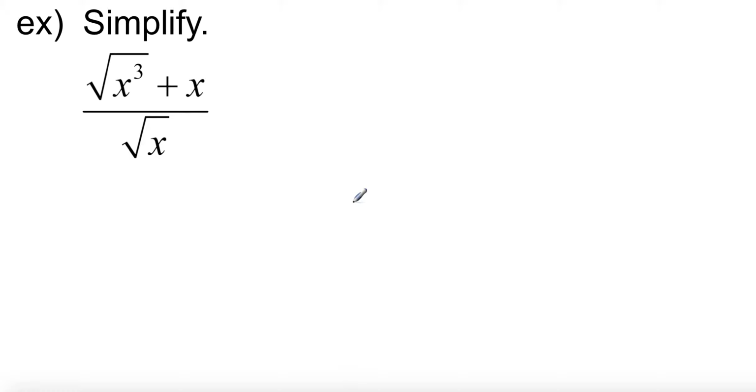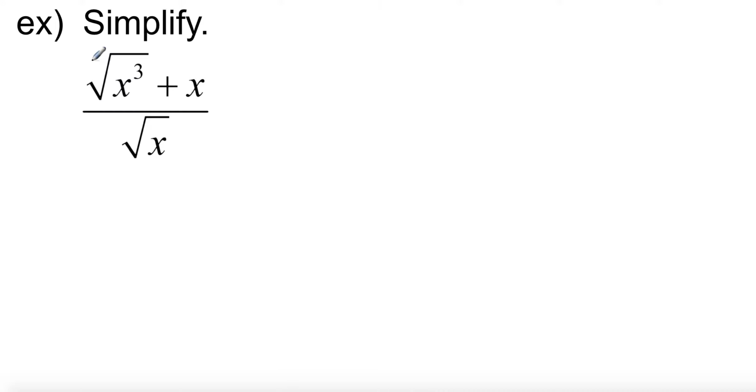And we've got this expression here that we want to simplify. We've got the square root of x to the 3rd plus x all divided by the square root of x. So what would I do first? Well, I would first take all these pieces that have radicals, and I'm going to write them with fraction exponents.